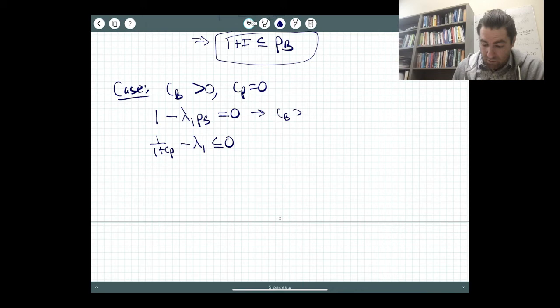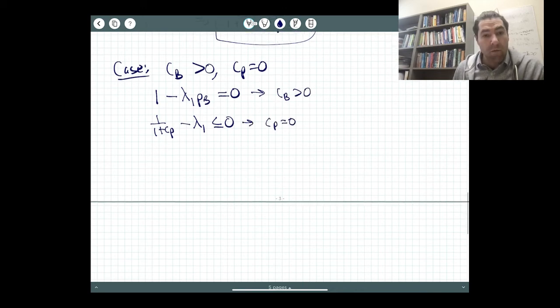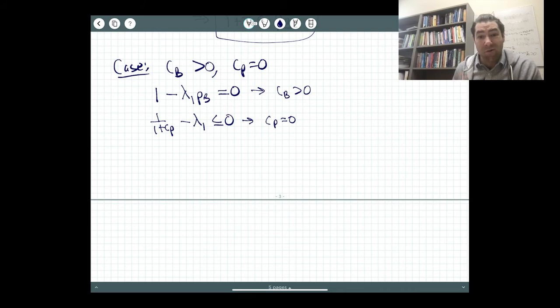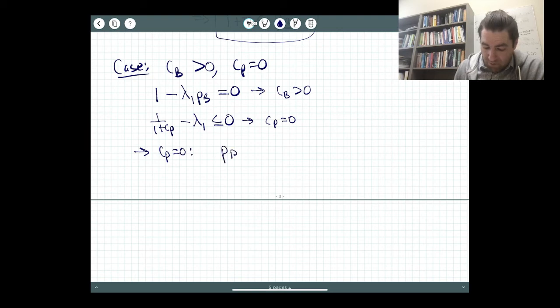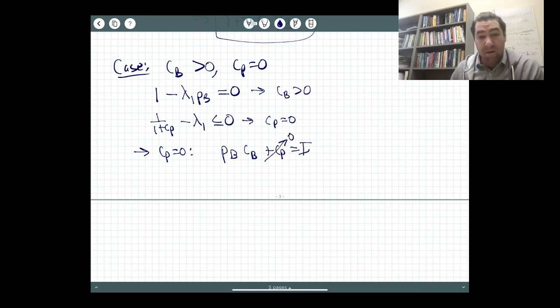This is because CP is strictly positive, and in this one, CP is 0, so I don't know if that first order condition is 0 or negative. All right, but again, I can just use the budget constraint. If I don't consume pizza, it's a very simple calculation to find my beer consumption. Beer consumption is income divided by whatever the price of beer is.